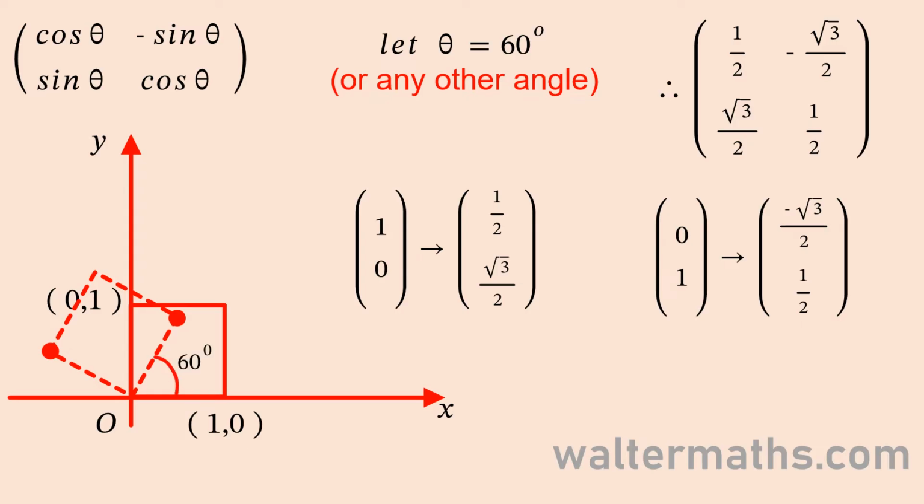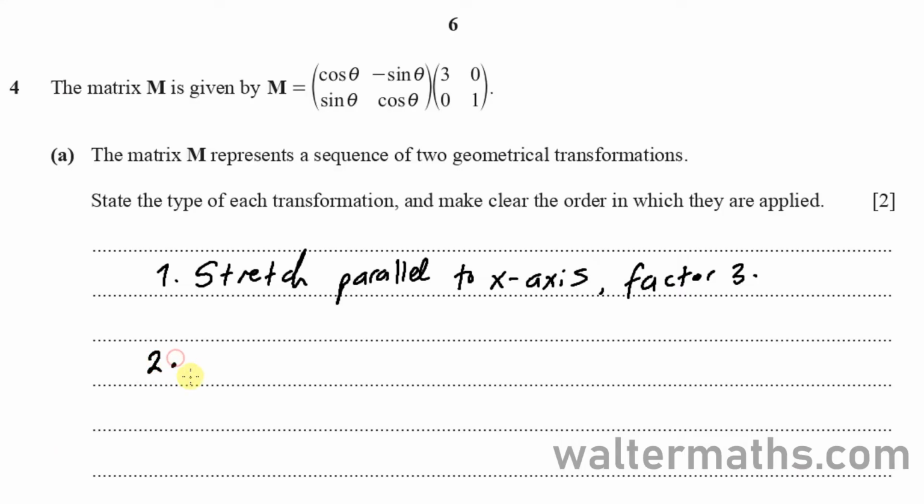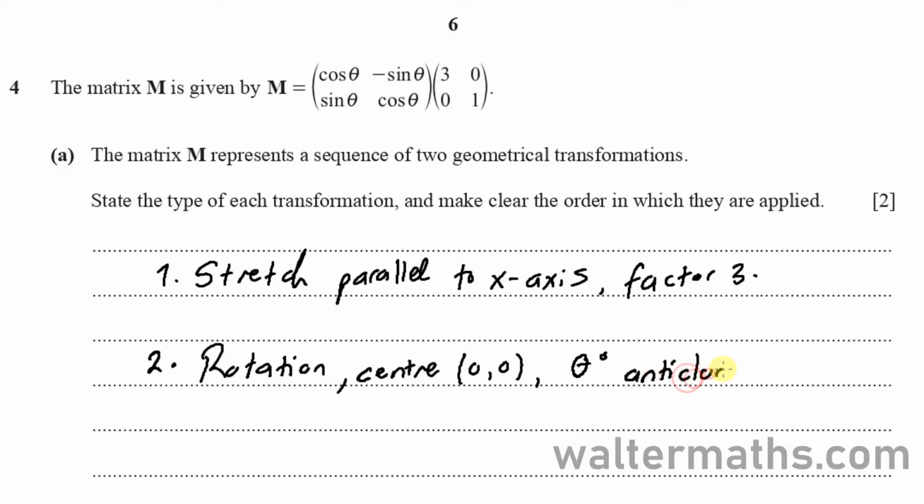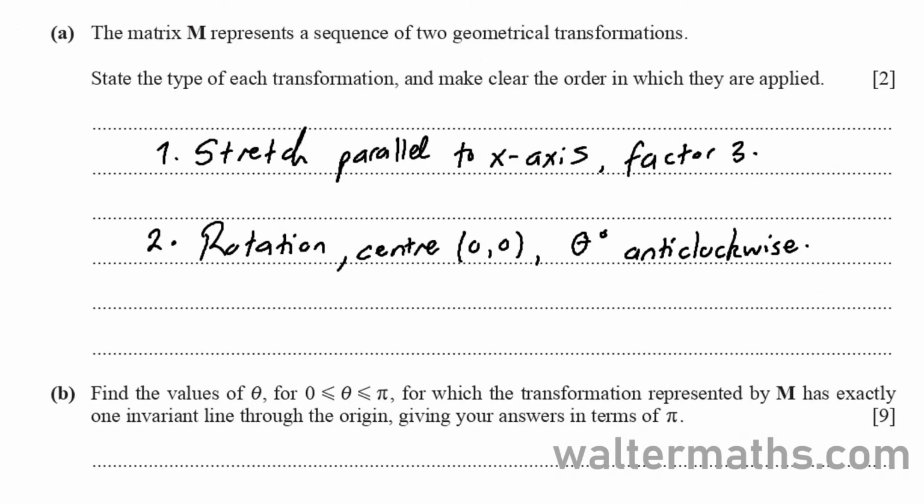Now 60 degrees represents the angle theta, so we're going to say the second transformation is a rotation with a center at 0, 0 by theta degrees in an anti-clockwise direction. So that's the second transformation. Let's go on to part B.